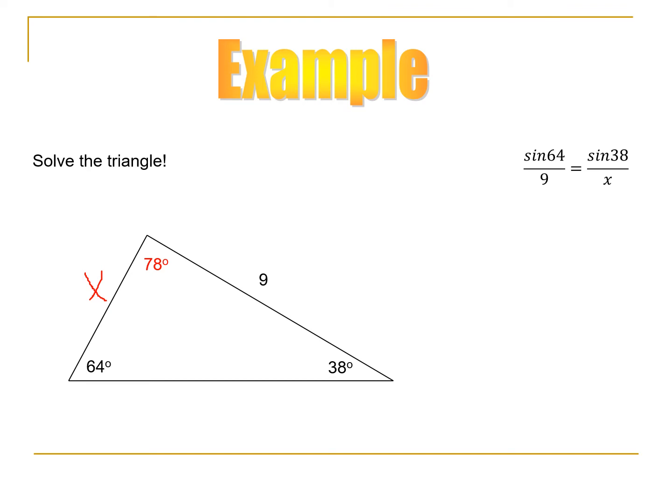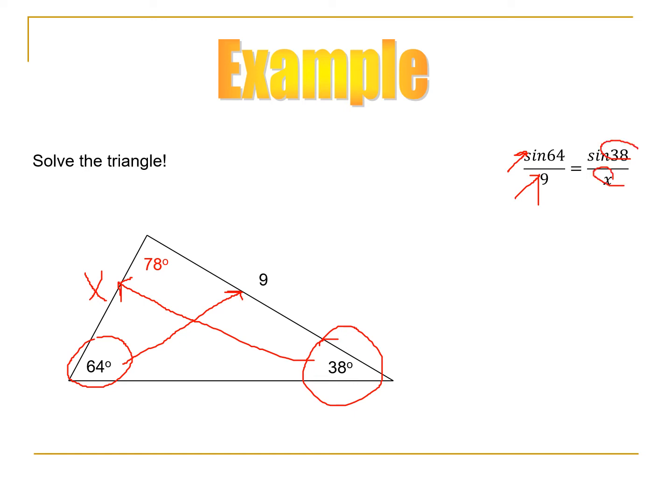I did sine of 64, and across from it is 9. And then we just follow the pattern: sine of 38, and across from that is x. That's how we set up the law of sines.